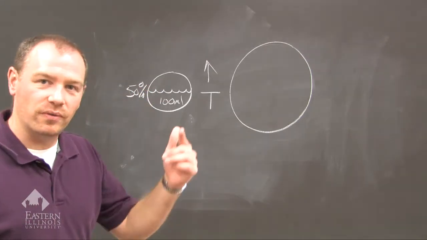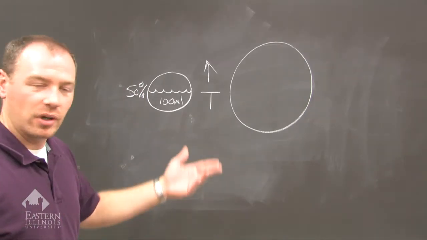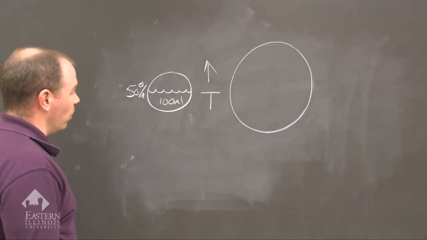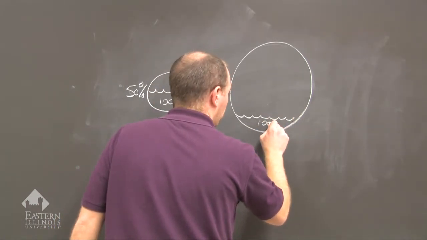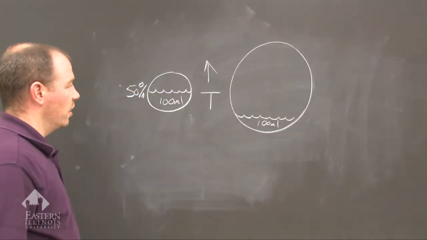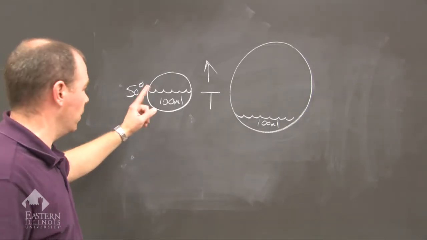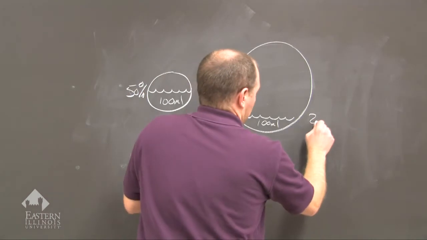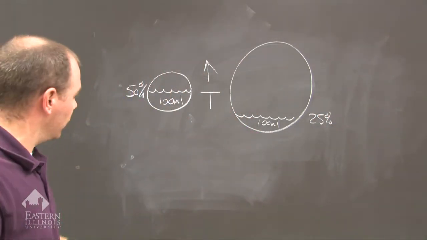What happens to the level of the water when we increase the temperature of this parcel? Well, the answer is the water level decreases. The volume does not change. The volume of water does not change. So now we began with 50% relative humidity. We're now at, let's say 25% relative humidity, just for example's sake.